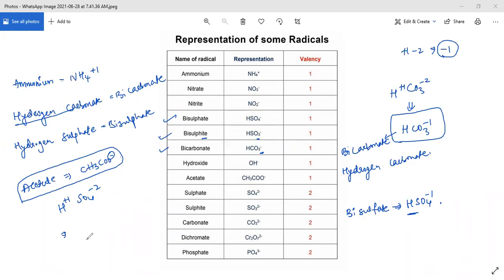No. This is a carboxylic acid group. COOH is the carboxylic acid, which you'll study in organic chemistry. If you remove this H plus from the carboxylic acid, you'll get the COO minus only. Understanding?